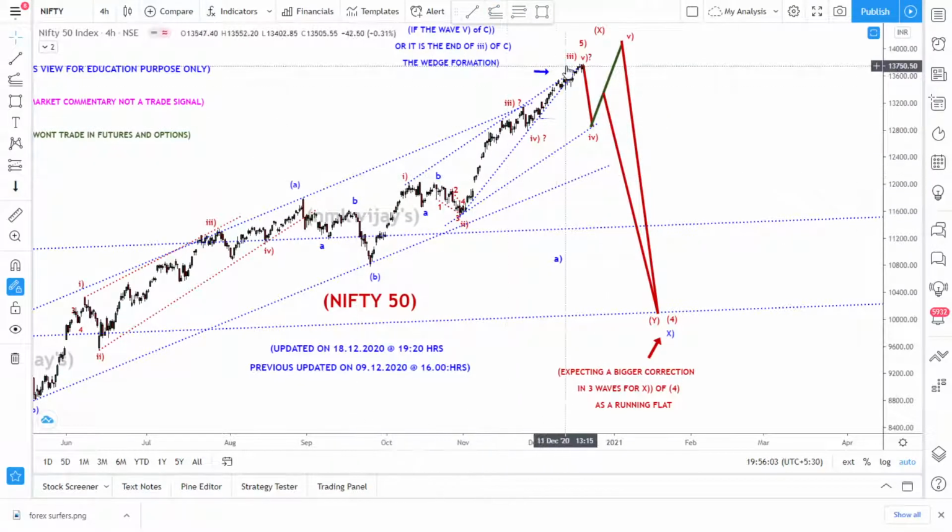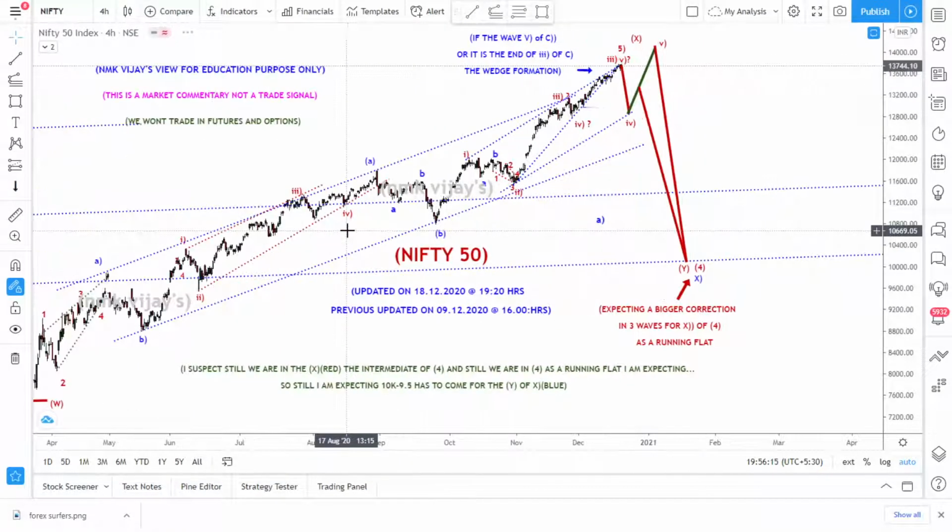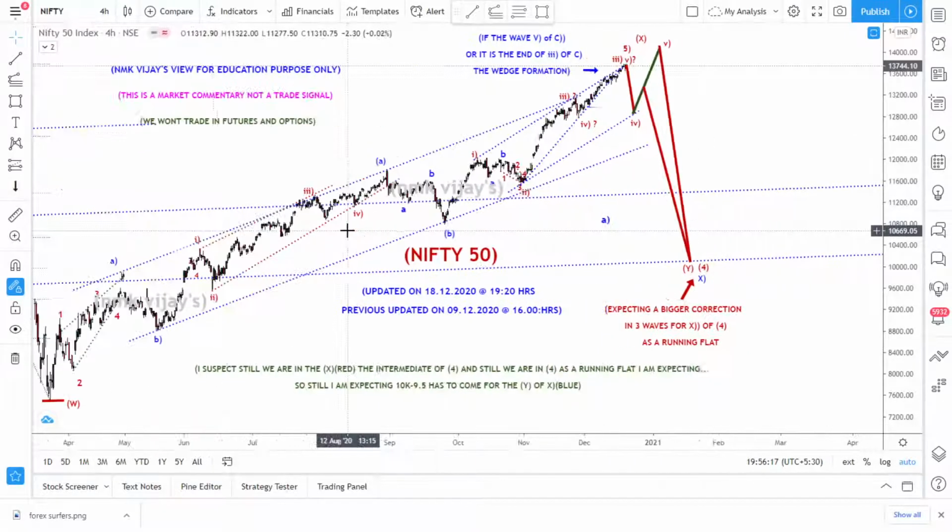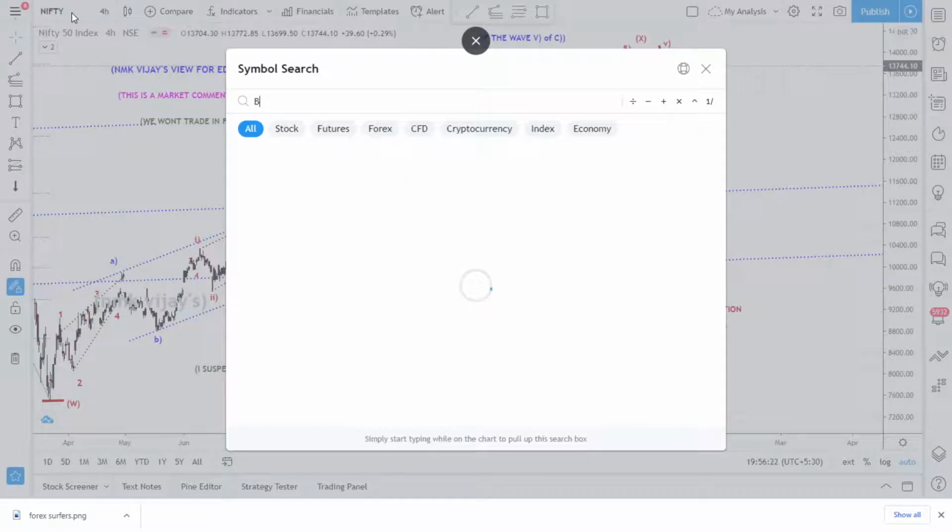So 1 2 3 and 4 and one more wave to the 5, because if we look at all the individual stocks, it looks like one more wave to the upside is possible. We are going to see all the individual stocks, then we will come to a conclusion here. So let's move on to the Bank Nifty.